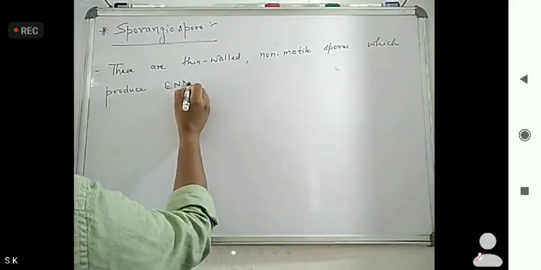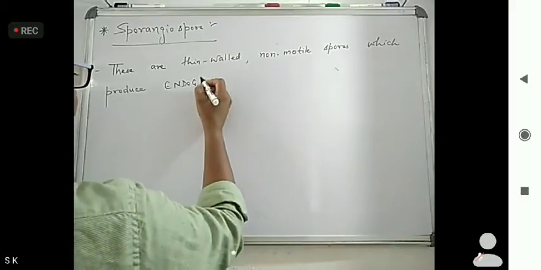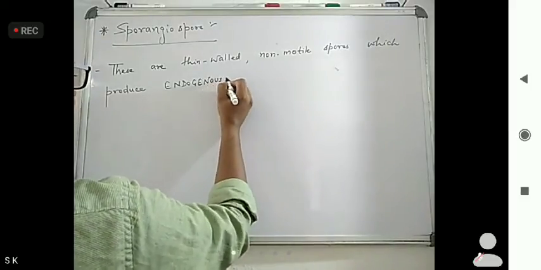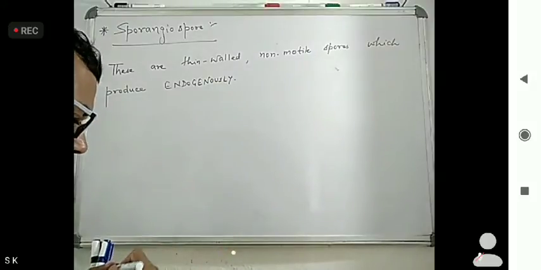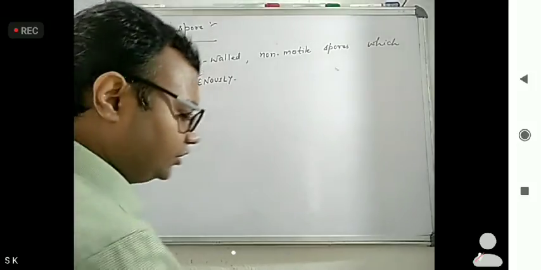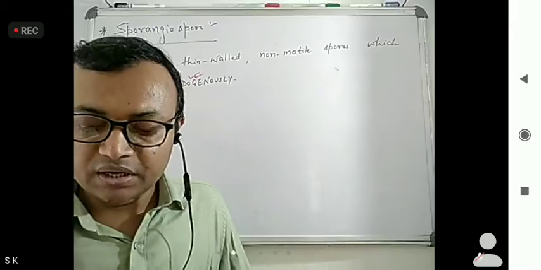This term you have to remember: endogenously means they form inside the structure. Thin-walled non-motile spores which are produced endogenously. Okay.